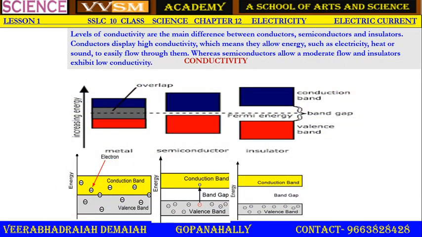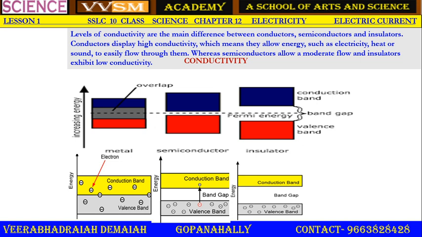Well, conductivity. Levels of conductivity are the main differences between conductors, semiconductors, and insulators. My dear friends, conductors are good conductors of heat and electricity. Semiconductors are partial, and the insulators are not at all good conductors of heat and electricity. They are the bad conductors, you can say, insulators.